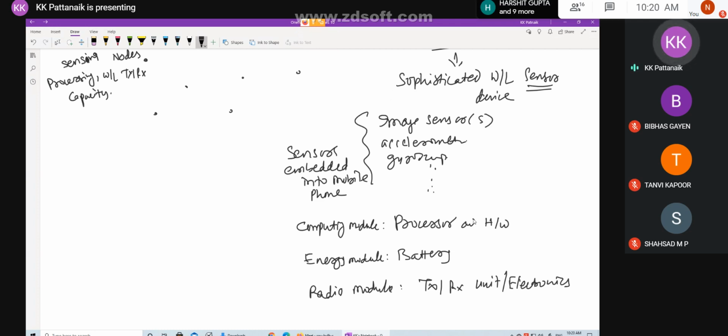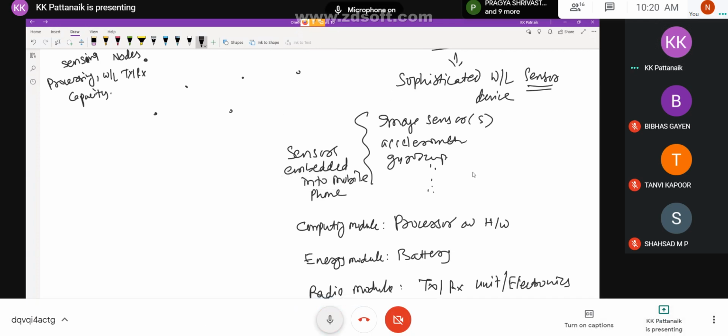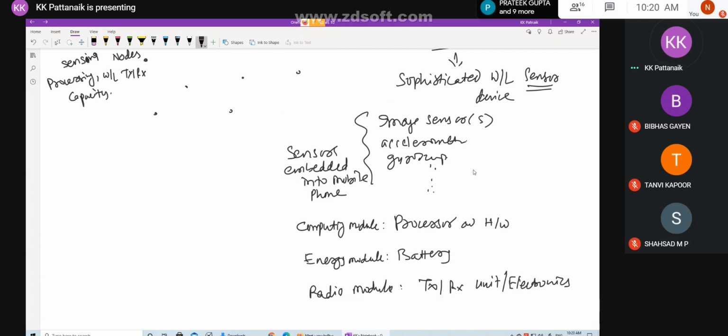One is the sensors, for whatever the node is used for. It can have an ambient light sensor. Does your mobile phone have a light sensor? Yes, because the screen illuminance is set with respect to your ambient light conditions.